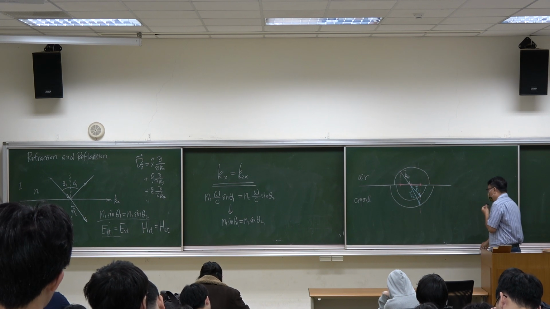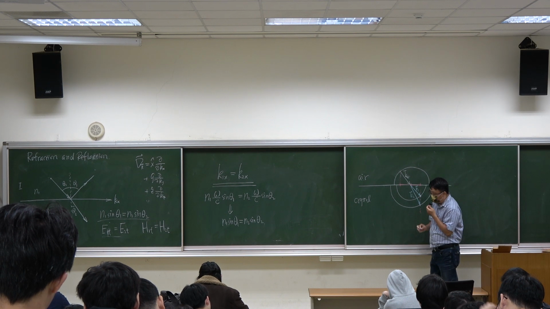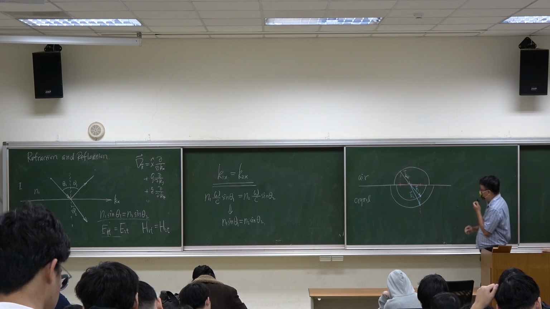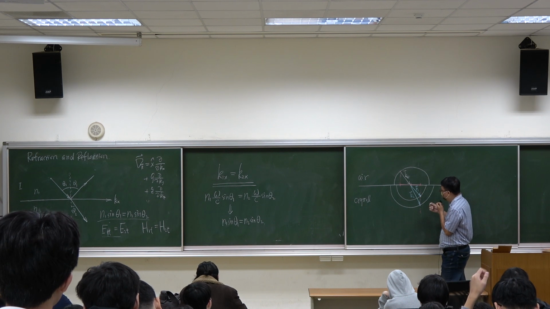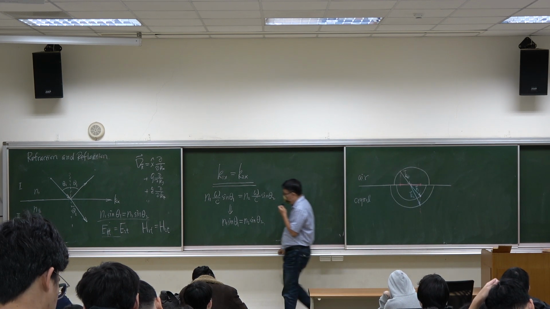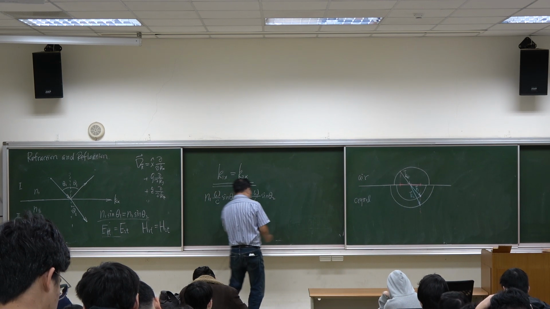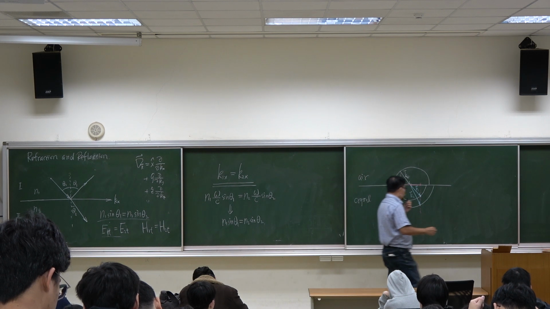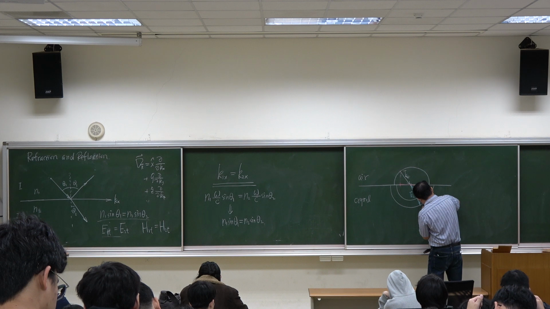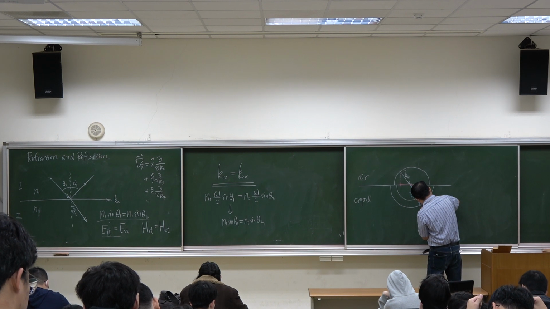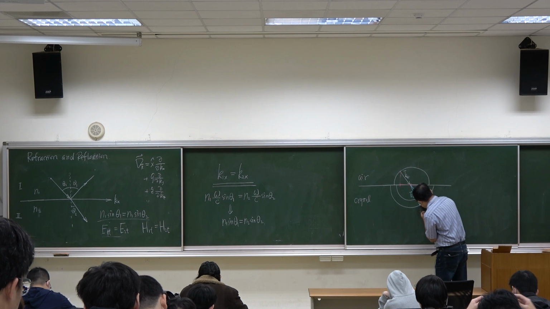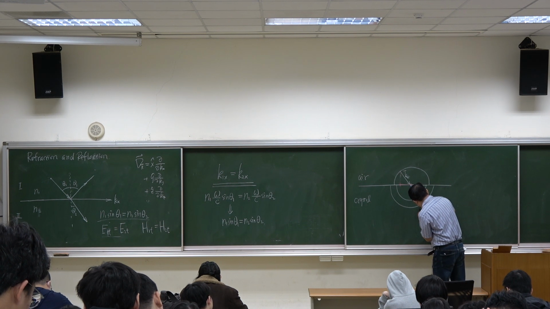So you can predict along what direction light refracts according to this graph. I take the normal vector of this and the normal vector of this.